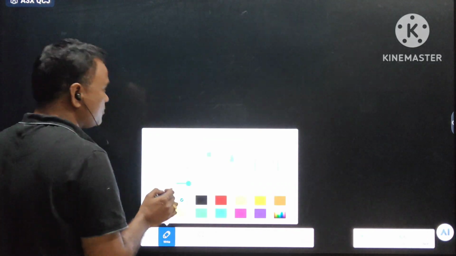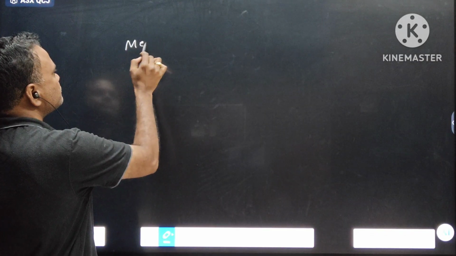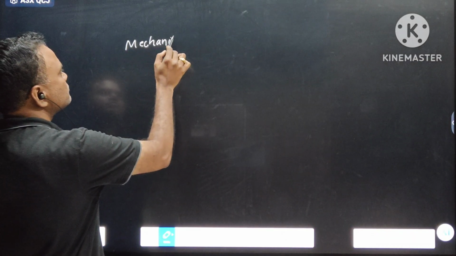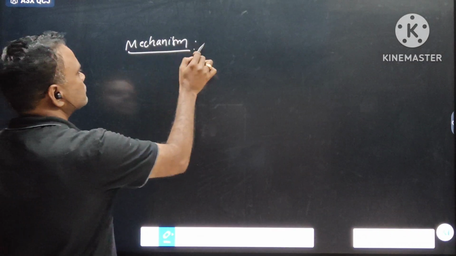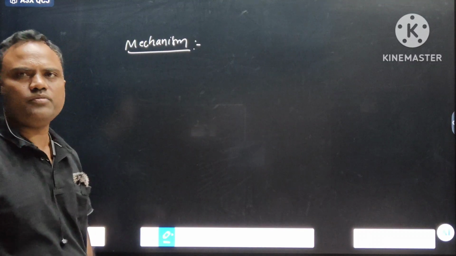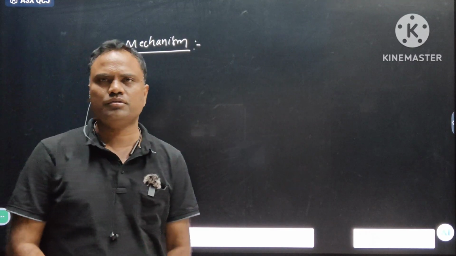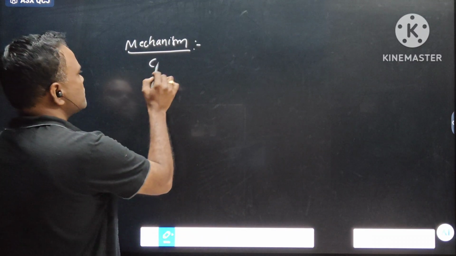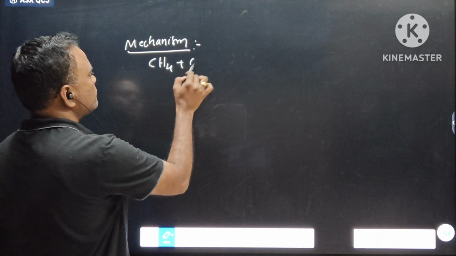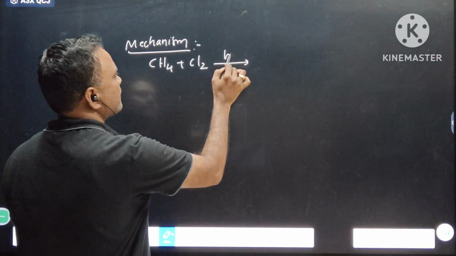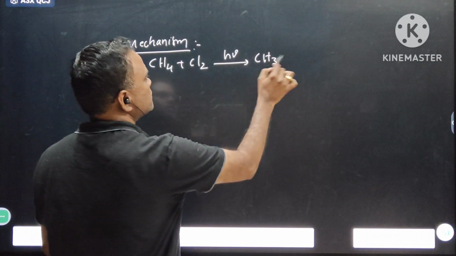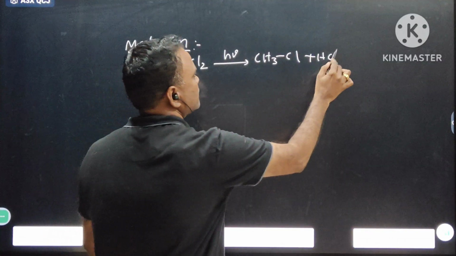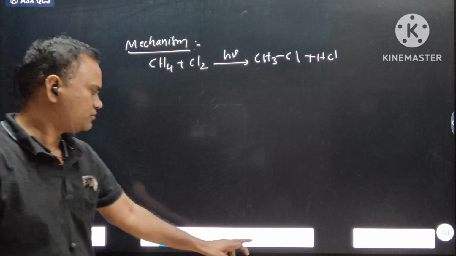Let us see the mechanism. Mechanism of halogenation of alkanes. Let us take one example: CH4 plus Cl2, with light (h nu), gives CH3Cl plus HCl.